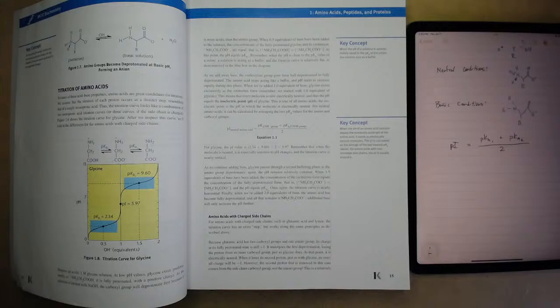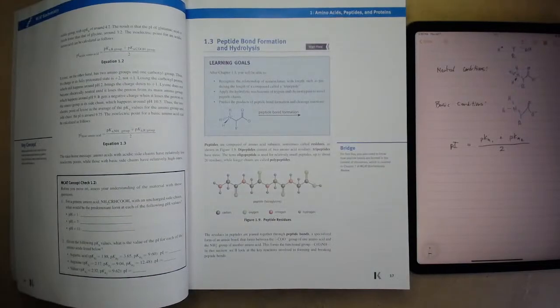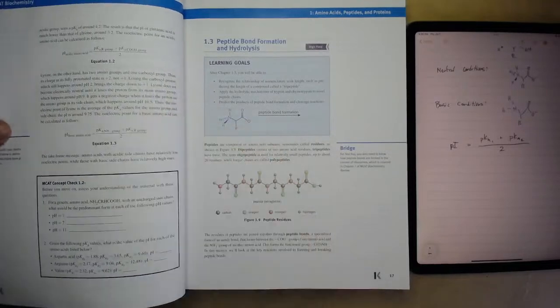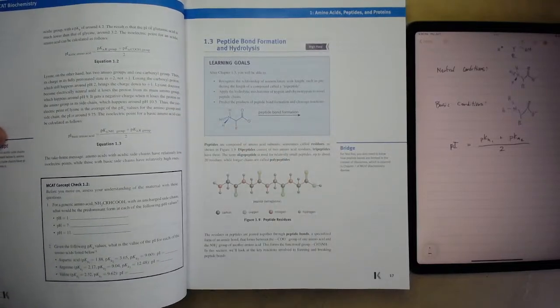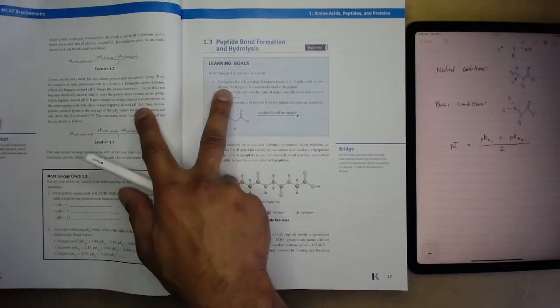At that point, it is electrically neutral. When it loses its second proton, its overall charge will be -1. However, the second proton that is removed in this case comes from the side chain carboxyl group, not the amino group. This is a relatively acidic group with a pKa of around 4.2. The result is that the pI of glutamic acid is much lower than that of glycine, around 3.2.